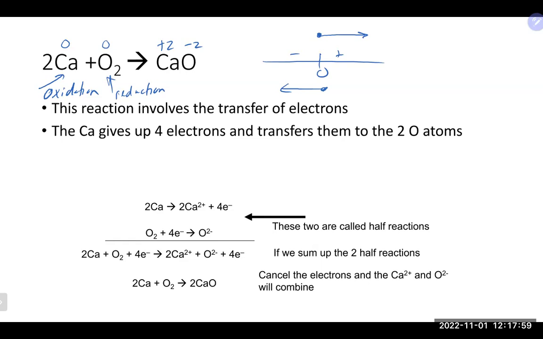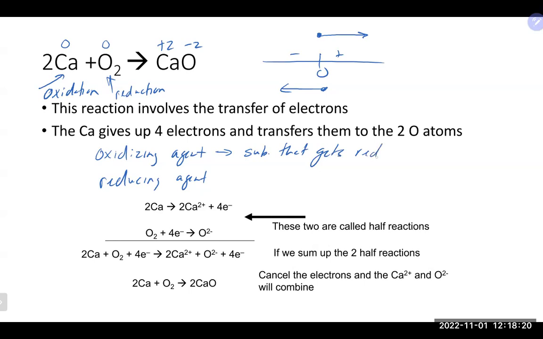Now, there's also something that is referred to as the oxidizing agent and the reducing agent. The oxidizing agent is the substance that gets reduced, and the reducing agent is the substance that gets oxidized.